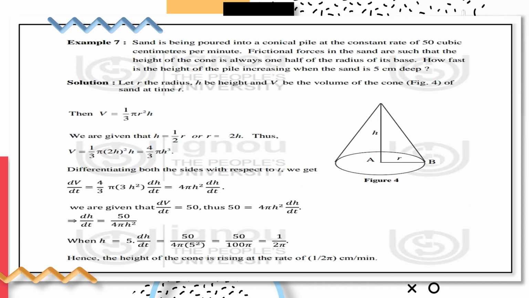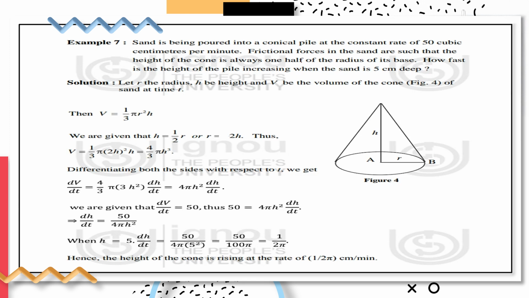Now, one more numerical is there, where you need to understand the statement. Read the statement cautiously, transform it into the mathematical expression and try to understand with respect to what it is to be differentiated.